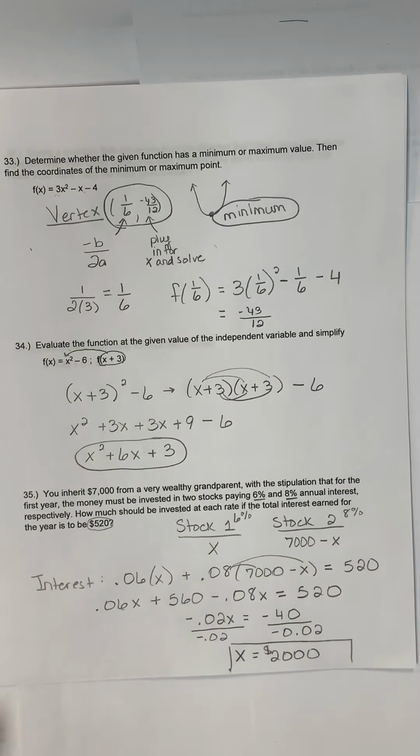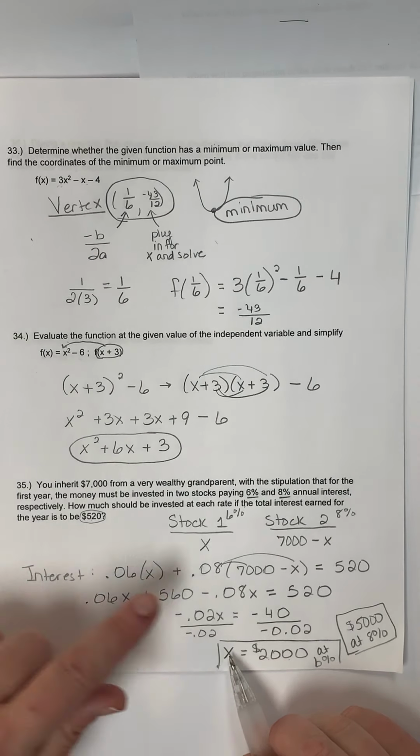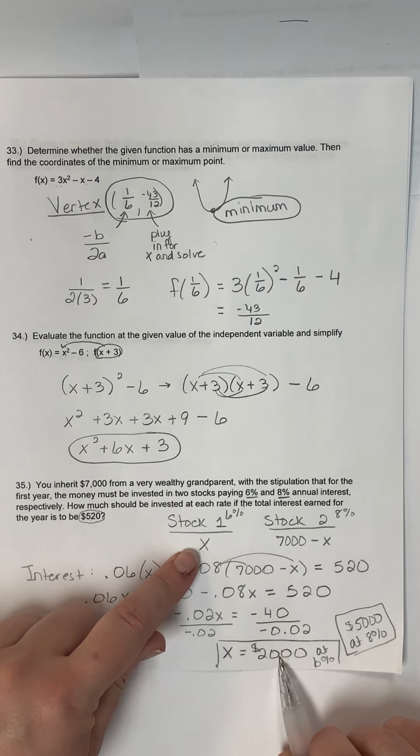So 7,000 minus 2,000, 5,000 at 8%. Those are the two answers. That's what we were looking for. This x corresponds with this one. So when we solved it and got 2,000, that 2,000 was at 6%, 7,000 minus 2,000, 5,000 at 8%.